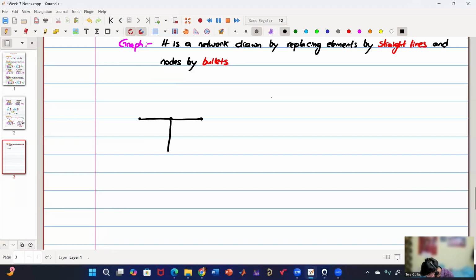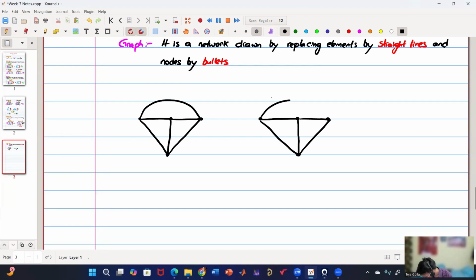Whenever we draw a graph, we have to mark the nodes by these bullets, and then we also have to mention the polarity of the voltage in that branch, and also the direction of the current.